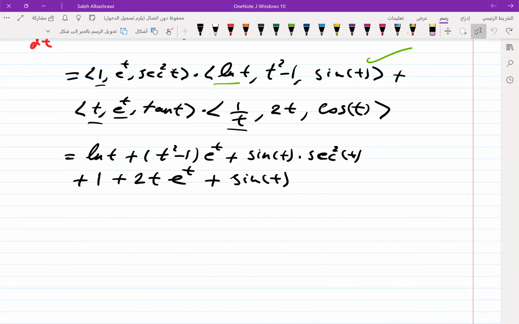So this is the derivative for the dot product. It is a scalar function. It is not a vector valued function. We can apply the same thing for the cross product: we need to find r1 prime cross r2 plus r1 cross r2 prime, and then we can find the derivative for a cross multiplication.